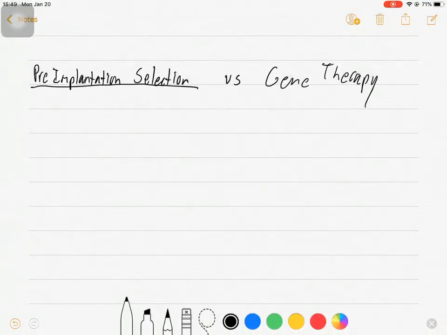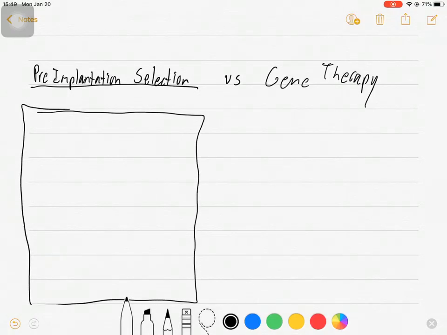So with pre-implantation selection, you have a group of potential embryos. Let's call it embryo 1, embryo 2, embryo 3, and embryo 4. Now let's say that we discover that embryo 2 has a disability trait of some sort, that embryo 4 has a disability trait of some sort, and that embryo 3 has a predisposition for, let's say, asthma.